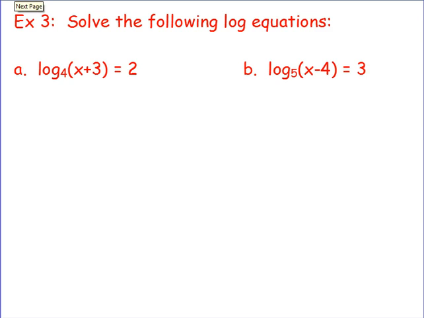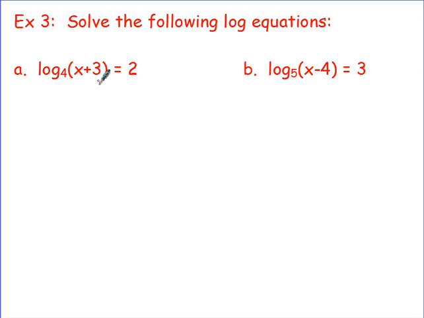So this first one, we want the logs on the left and the whole numbers on the right. Well, this is a log and it's on the left. This is a whole number, it's on the right. Step 1, good to go. Step 2, if there's more than one log, we condense. Well, there's only one log. So step 2, good to go. Step 3, this is our circle.